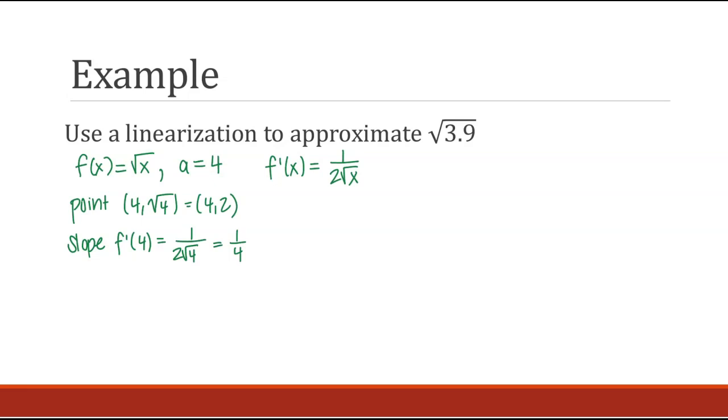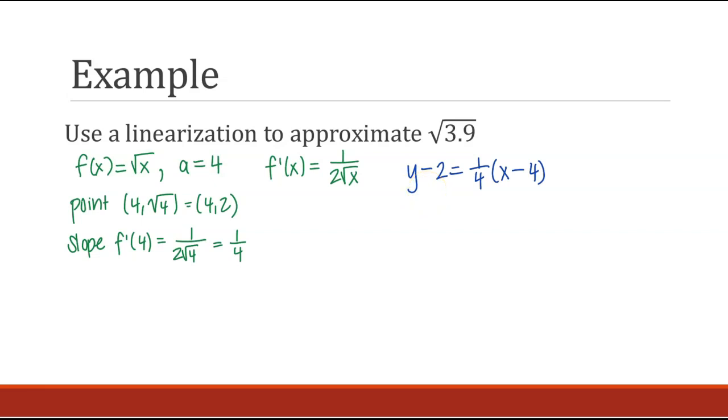All right, so now we have our point, we have our slope. We'll plug it into point-slope form of a line. So we're looking at y minus y1, so y minus 2, equals slope m, which is 1/4, times x minus x1, so x minus 4. So here is our tangent line, but we have to solve it for y, which means we essentially just have to add the 2 to the other side to turn it into a linearization, right?